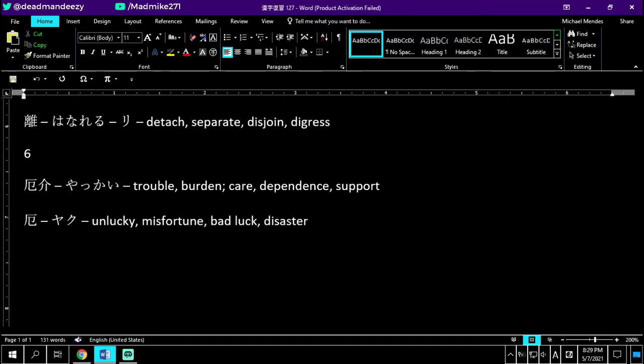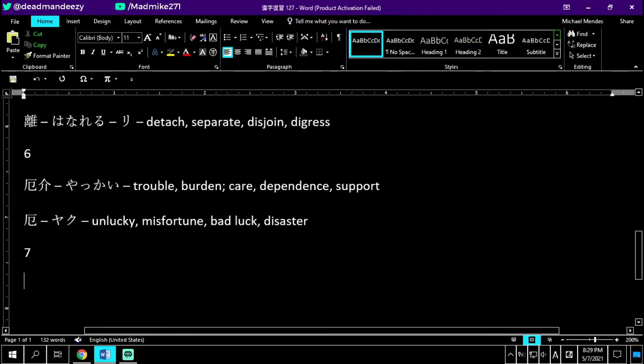Yaku. Yakai no yaku. As in Yakai. Jamming in of bad luck or misfortune, which is a trouble or a burden.